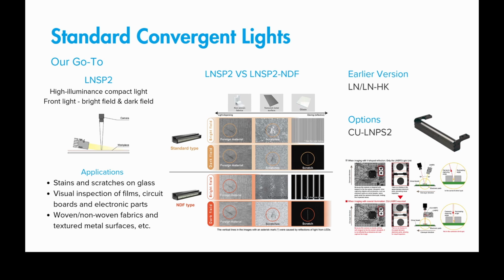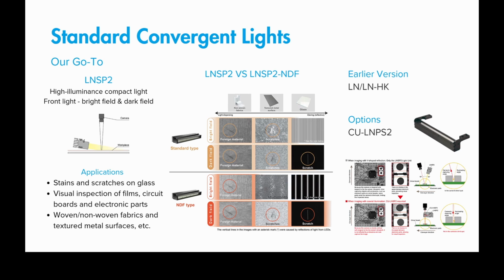So there's the difference that I've mentioned, the LNSP2 and the LNSP2 NDF, and here's kind of the difference between them. The LNSP2 NDF has more intensity, but it does not have the uniformity. So you can see here looking at a metal sheet with standard type, you have much more uniformity, but looking at a really reflective metal sheet with the NDF type, you can just see exactly where those LEDs are and where the LEDs aren't, and they're not uniform.